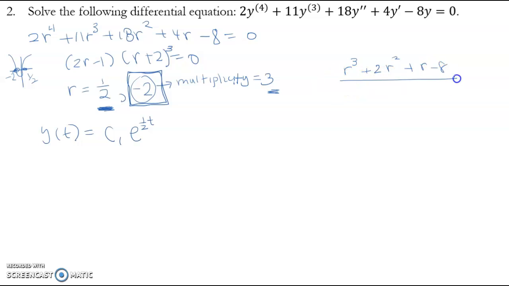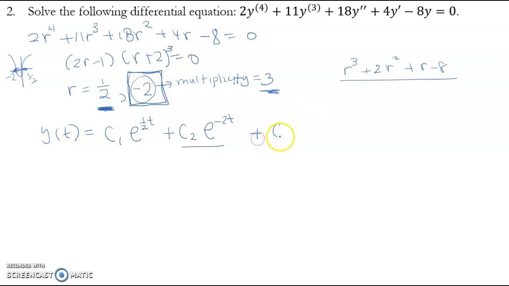If we had something like this, then kind of link back to finding the particular solution of this type of order. So what this will be is we would write c2 e to the power of negative 2t, and we kind of have to repeat this 2 more times because, again, this has a multiplicity of 3.